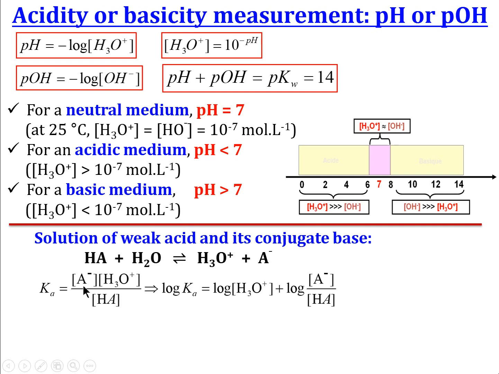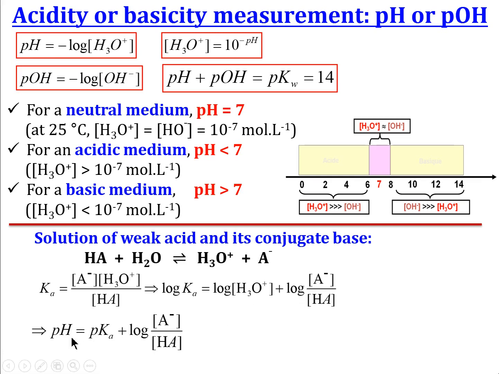Ka equals [A-] at equilibrium times [H3O+] at equilibrium divided by [HA] at equilibrium. So log Ka equals log [H3O+] plus log [A-]/[HA]. Minus log Ka equals minus log [H3O+] minus log [A-]/[HA].